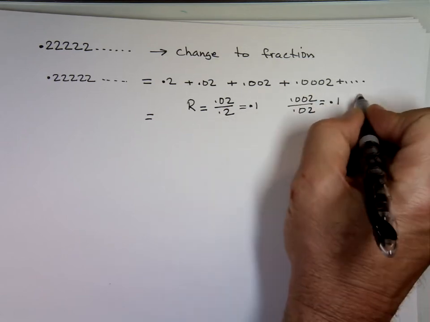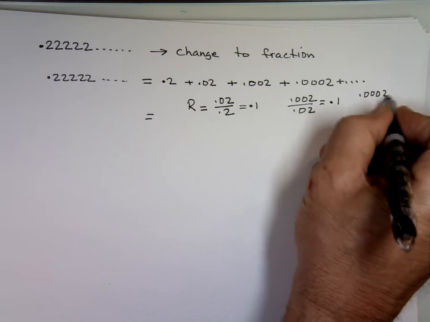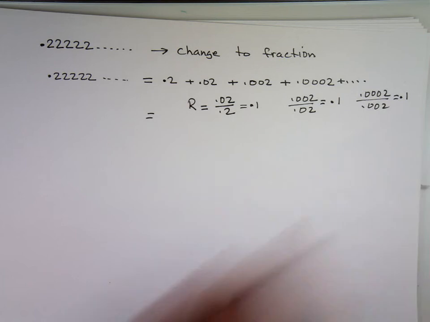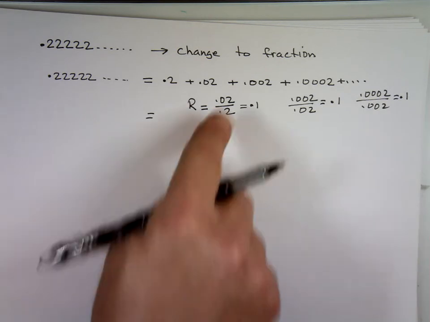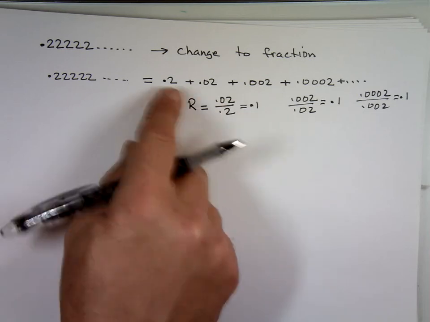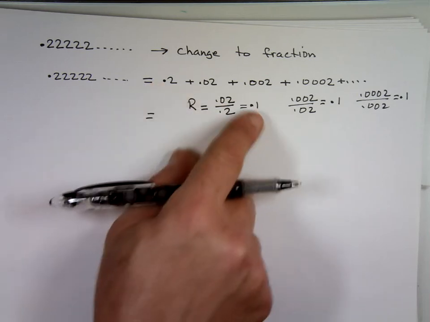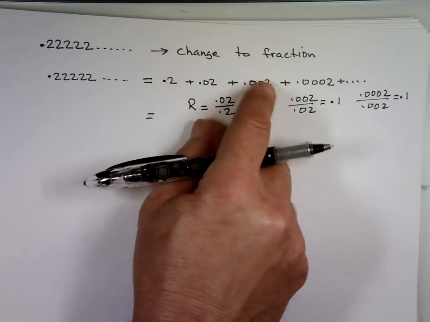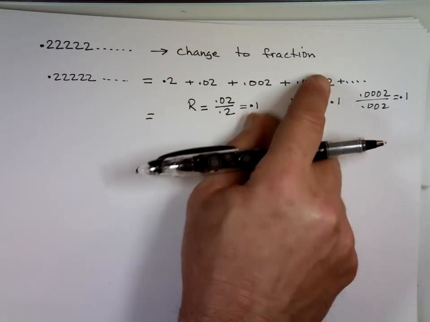If you take 0.002 divided by 0.02, you have 0.1. If you take 0.0002 divided by 0.002, 0.1. What you have is a geometric series. Each number is 0.1 times the one before it.